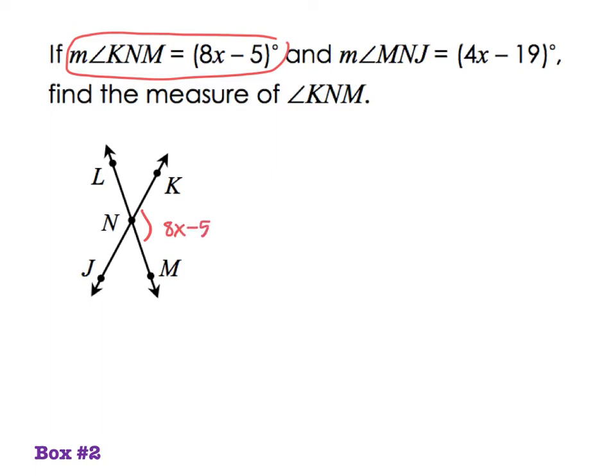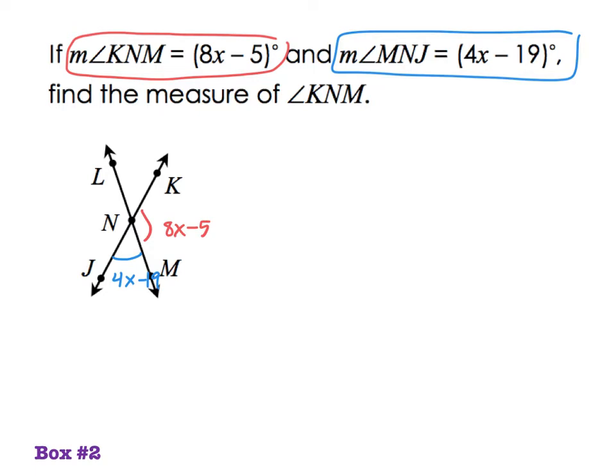And then measurement of angle MNJ right here, that equals 4x, and I'm writing 7 when it's supposed to be 4, 4x minus 19. And that's this one right here. Okay, now you're thinking like, wait, do we make them equal to each other?